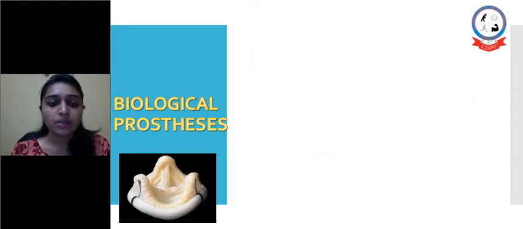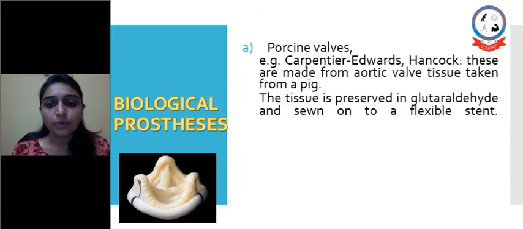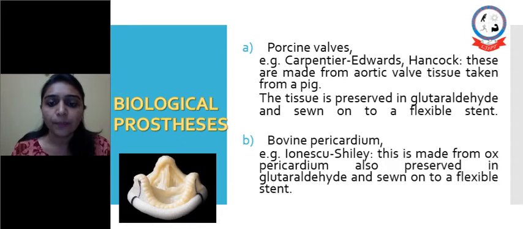Next is biological prosthetic valves. They are either porcine valve or bovine valve. Porcine valves are taken from aortic valve tissues from a pig, and the example is Carpentier Edwards. The tissue is preserved in glutaraldehyde solution and then sewn on a flexible stent, and then it is inserted in a patient.